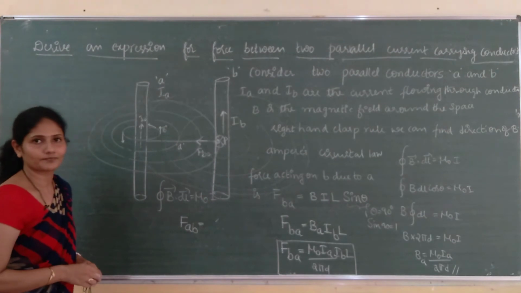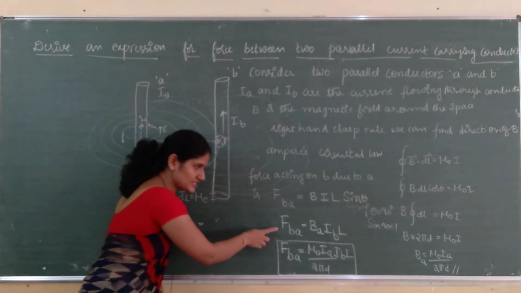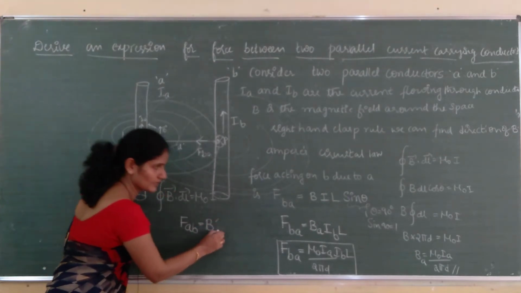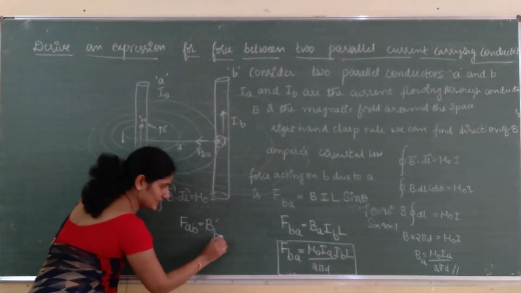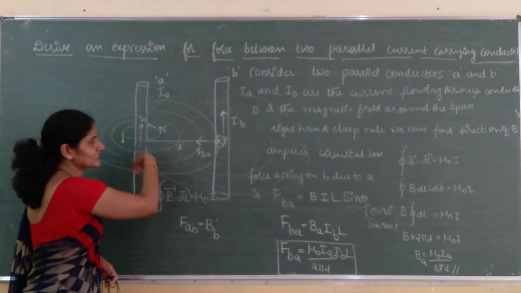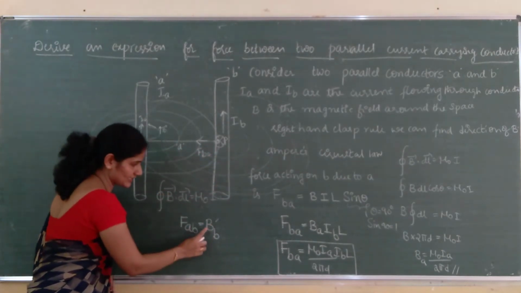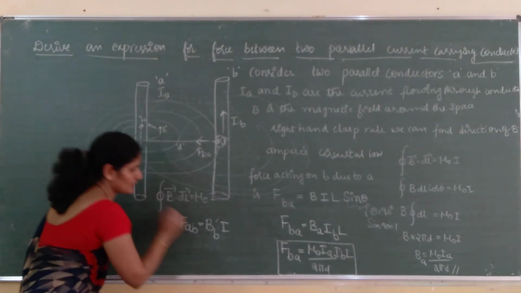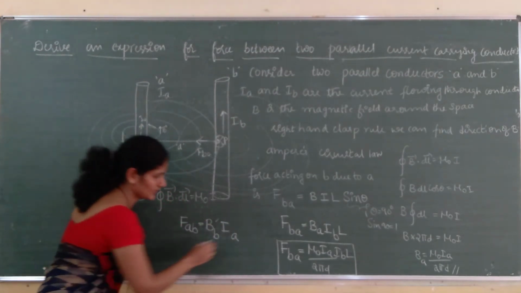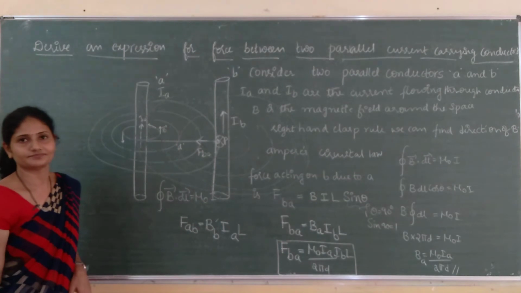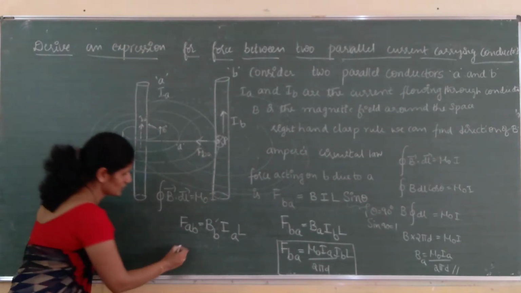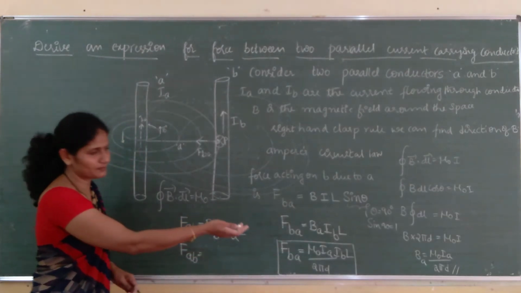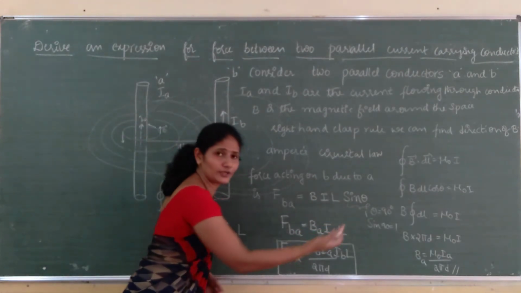F_AB is equal to the same, B_B. Here the magnetic field is due to the second conductor B, and current is flowing in the same conductor, I_A into L. So F_AB is equal to I_A L B_B, where B_A is nothing but mu naught I_A divided by 2 pi d.